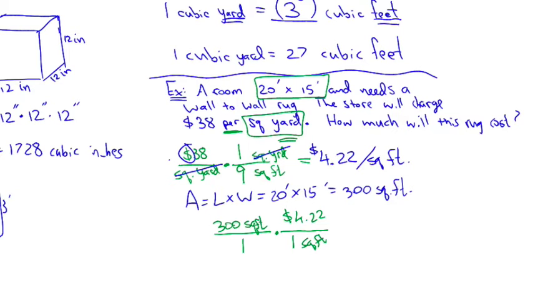Later, you're going to deal with another one. Cross out the square feet. They go away, and all you're left with is money. So this will be in dollars. What's 300 times 4.22 in money? 1,266. Wow, it's a lot of money. And the rug will cost $1,266.